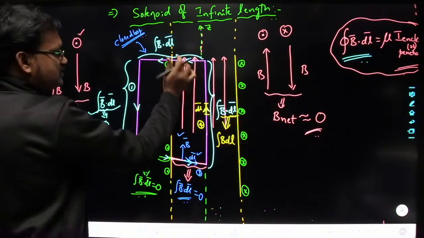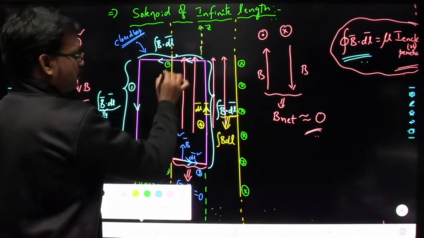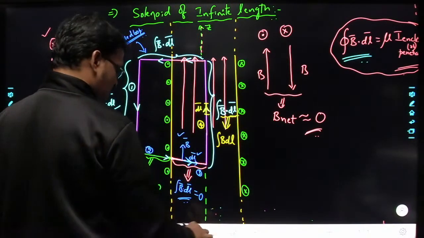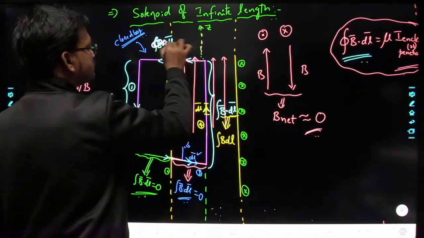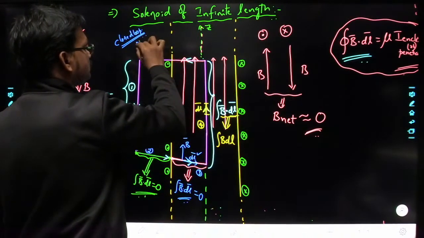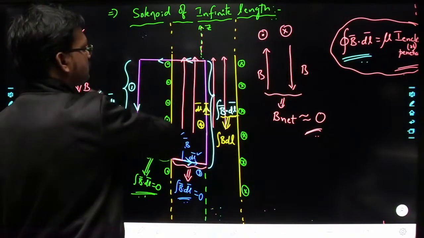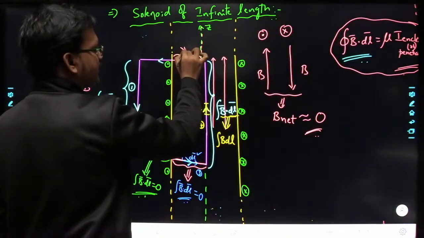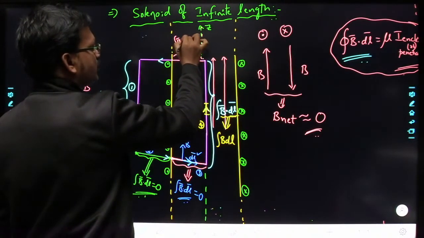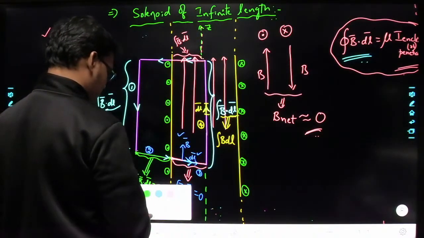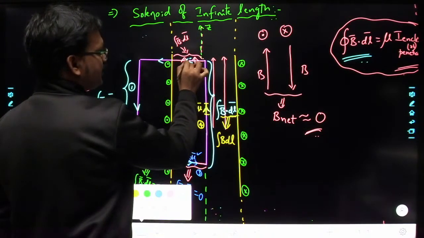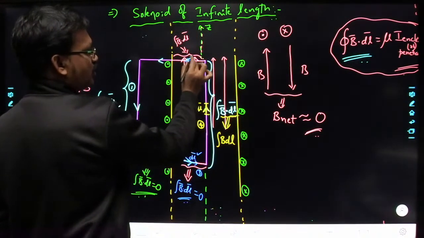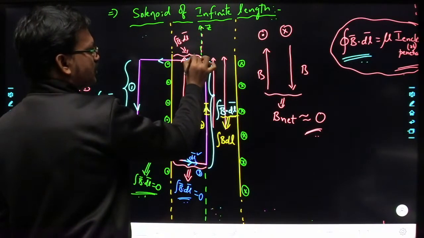Next, similarly over this section, if you consider this section, what are you going to get for integral B bar dot dl bar? See here, the loop direction is in this direction. dl bar is pointing in this direction, and here inside the solenoid, B field is going to point in the upward direction.